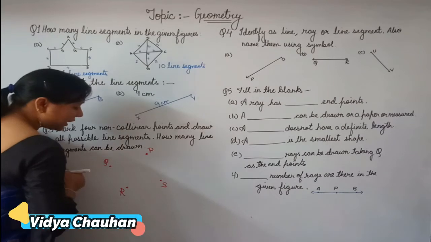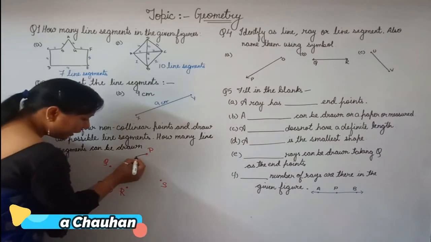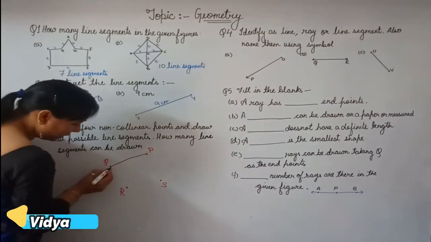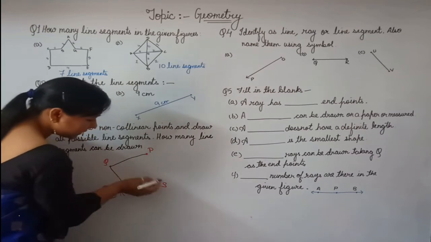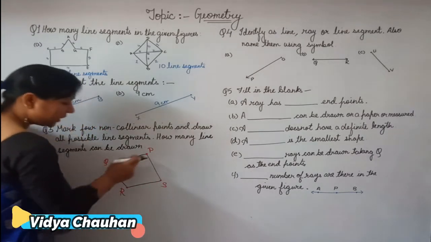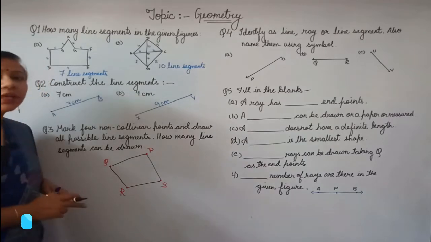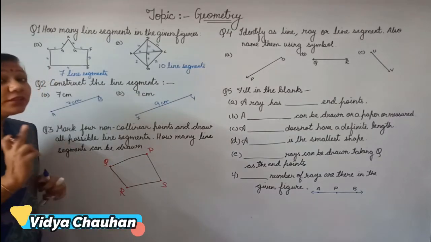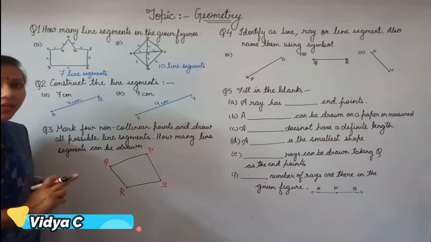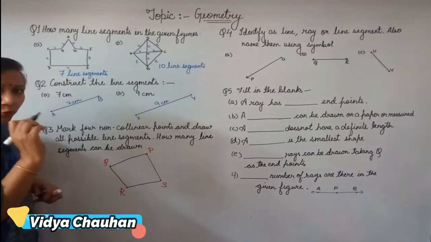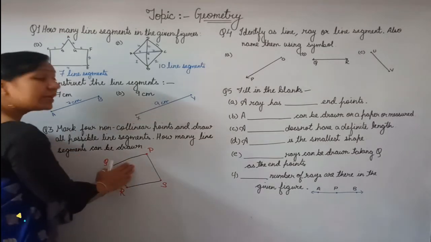So the first line segment from P to Q, then Q to R, R to S, and S to P. You will be drawing, or you can say joining these points, using the ruler, that means your scale. Please use your scale to join the points. Do not draw rough-handed but use a scale.